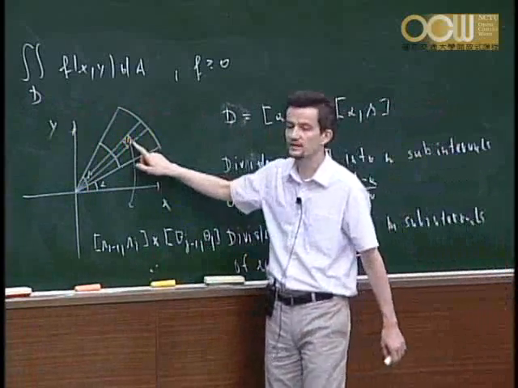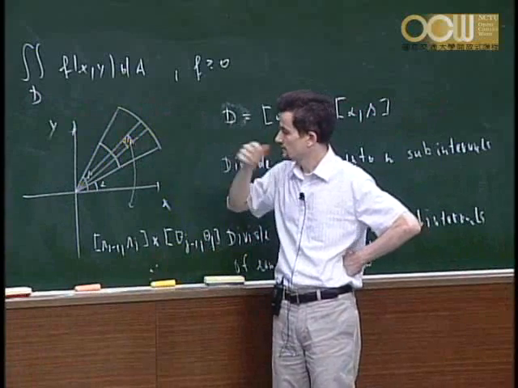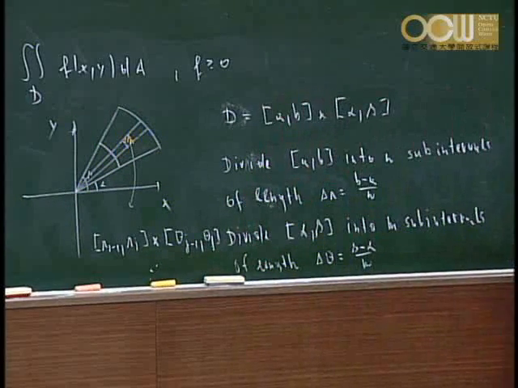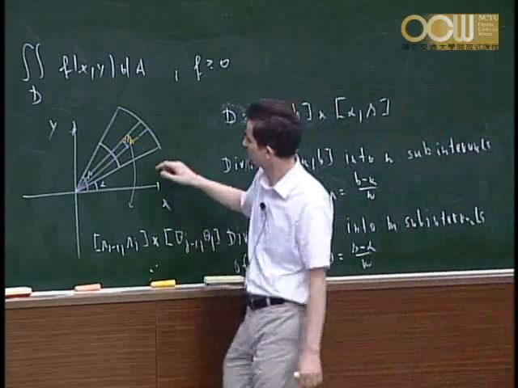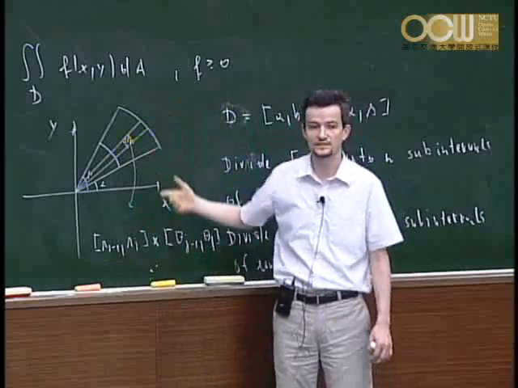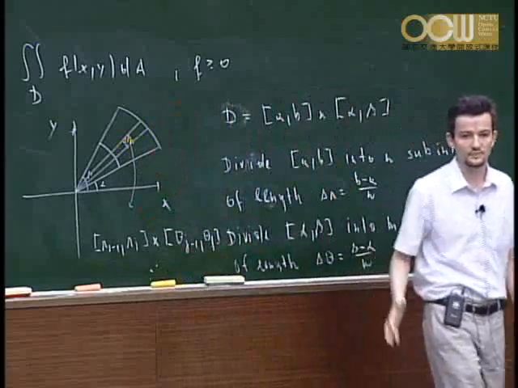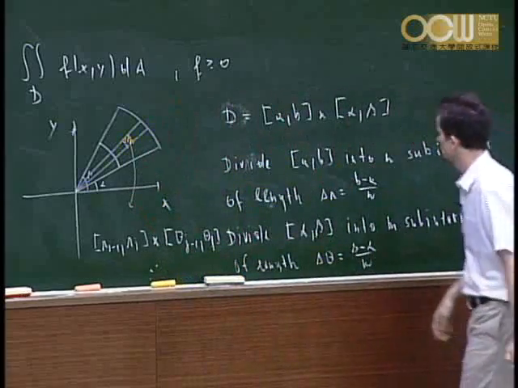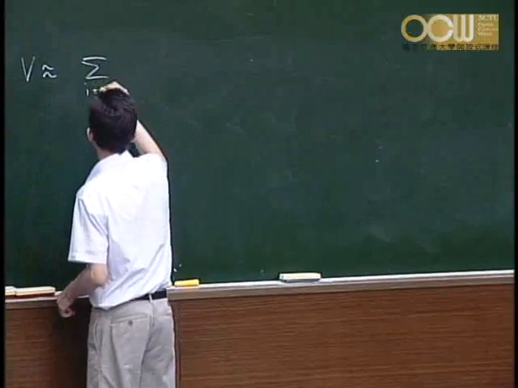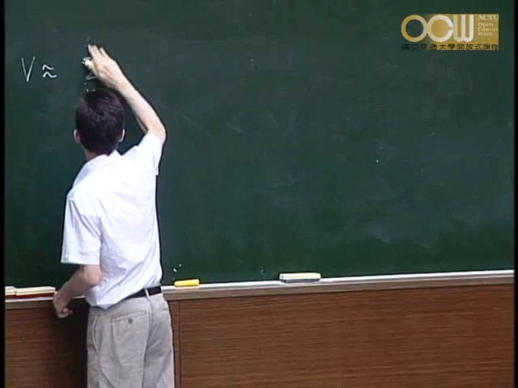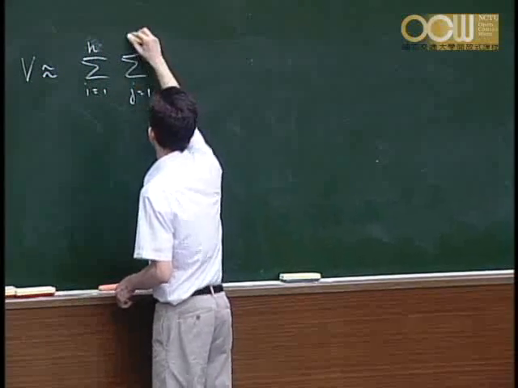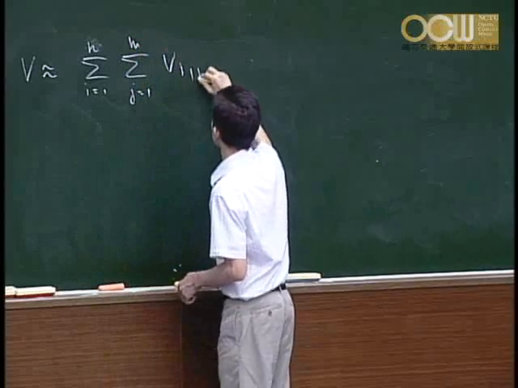On the smaller subrectangle, you approximate the solid by a cylinder, which has this here as a base, and the height is given by f evaluated at the sample point, and you sum over all those pieces. It's approximated by the sum i from 1 to what did I say, n or m? N. The sum j from 1 to m of all those D_ij's.